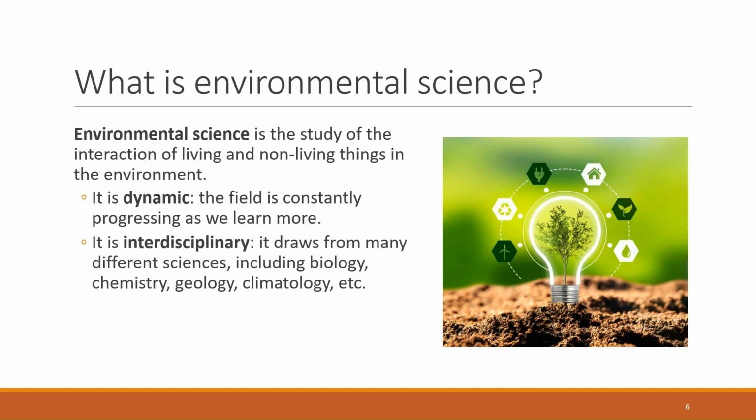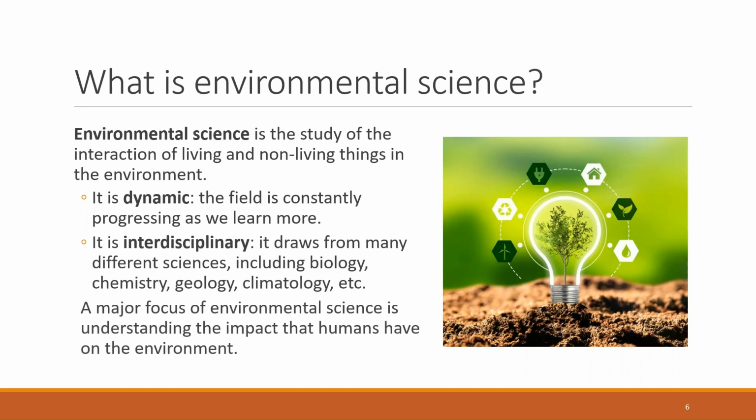So it integrates aspects from various fields such as biology, chemistry, geology, climatology, and much more. It not only examines living and non-living entities separately, but also focuses on their interactions. A very important aspect of environmental science is the impact humans have on the environment, a topic that will be explored in depth throughout this course.